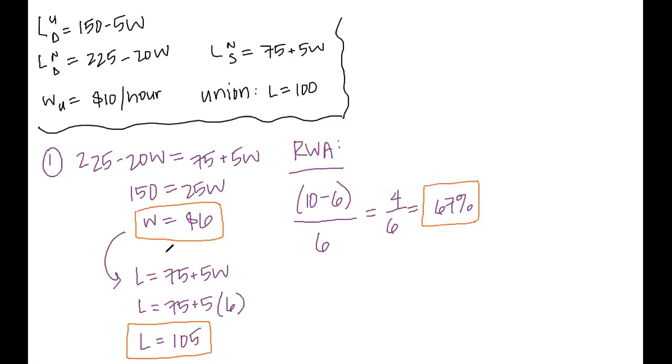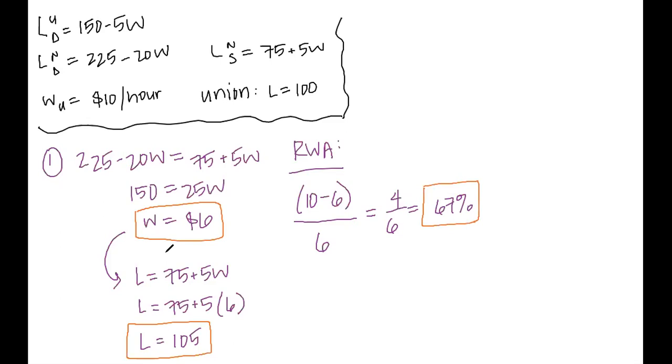It's a little hard to see at the beginning thinking about it in fractions, but we're just looking at the difference between the two and then how that relates to the non-unionized sector wages. So hopefully you're able to follow along with that.